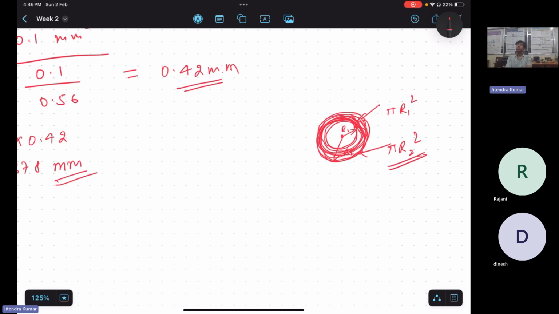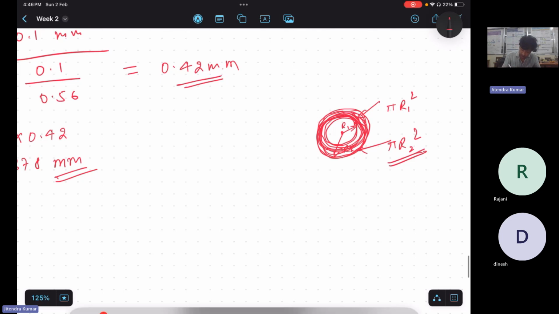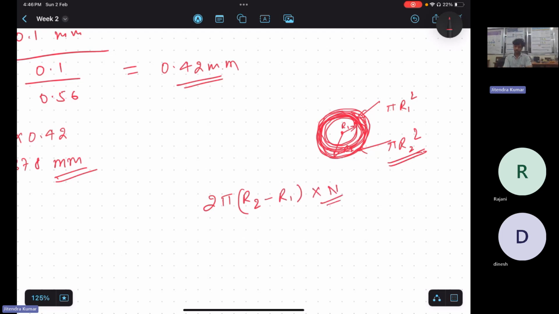So you are saying 2 pi r2 minus r1 into n. You are saying this, right?